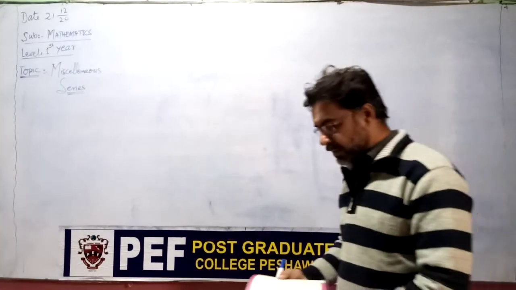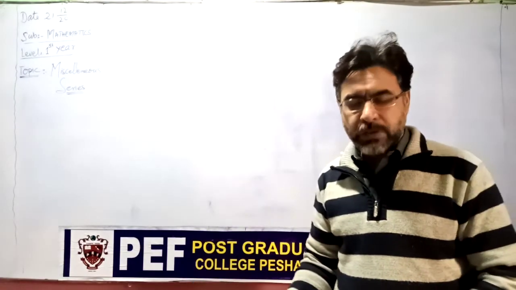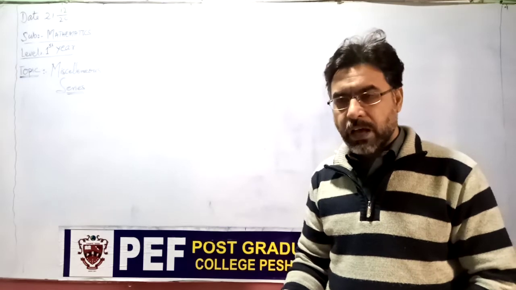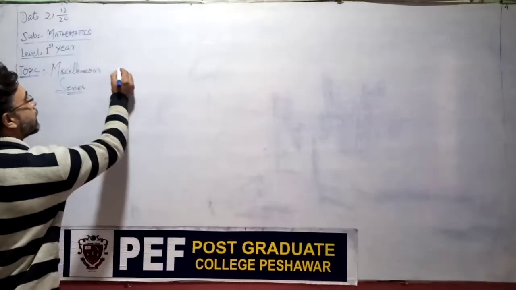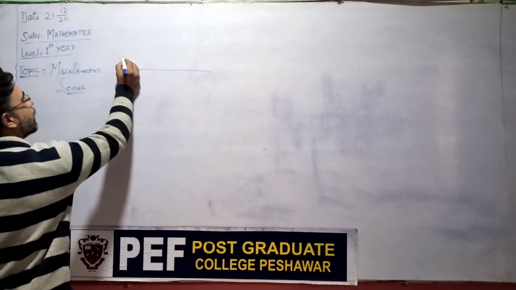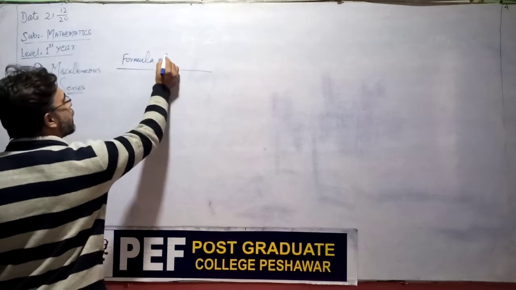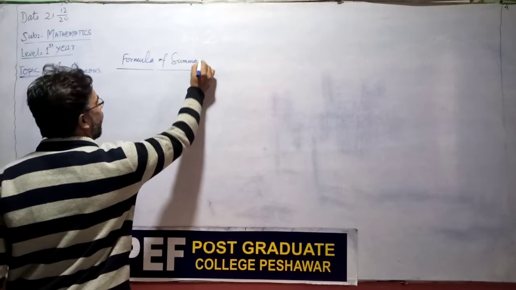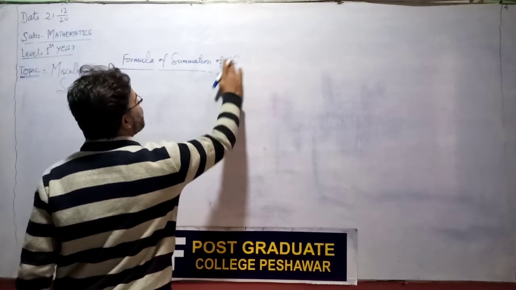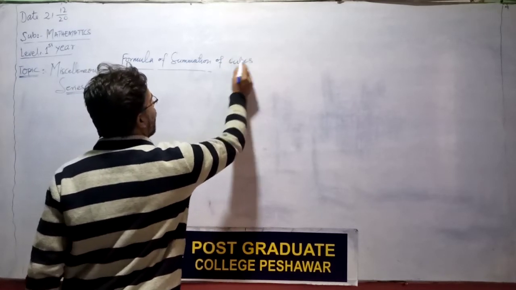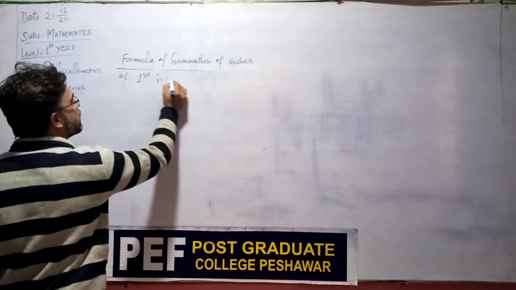So let's start, and to derive that formula for the summation of the cubes of the first n natural numbers.